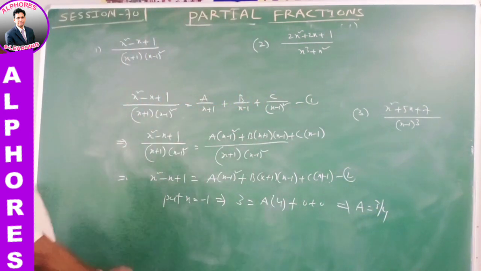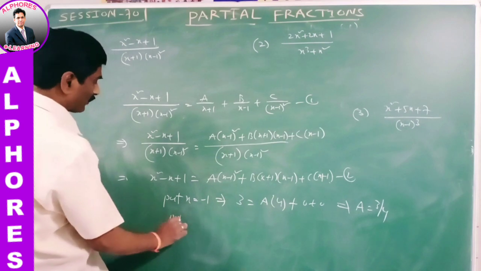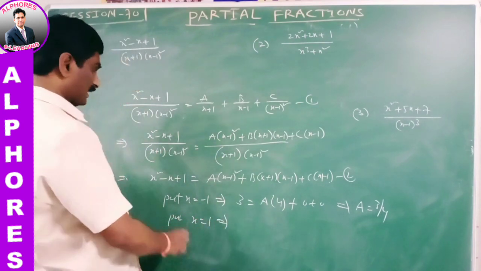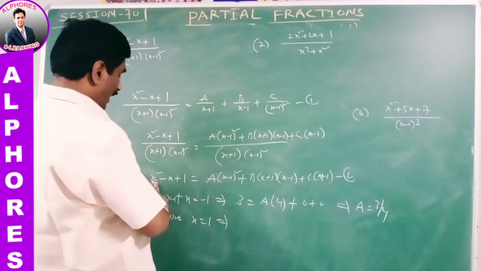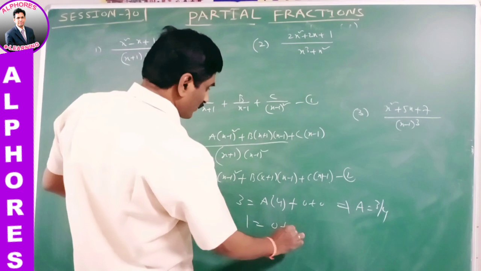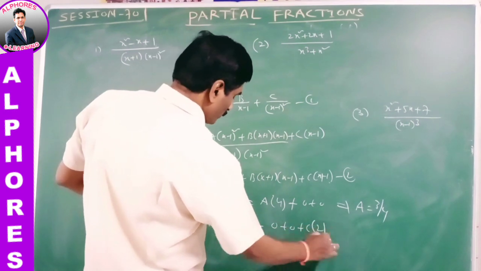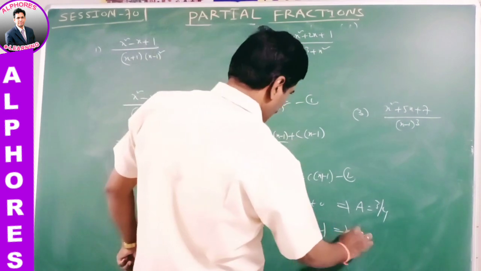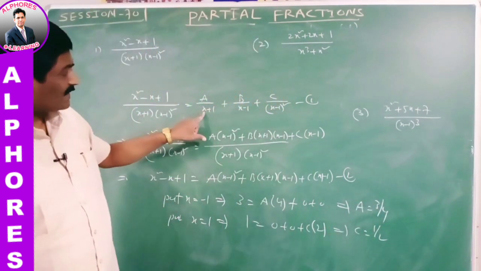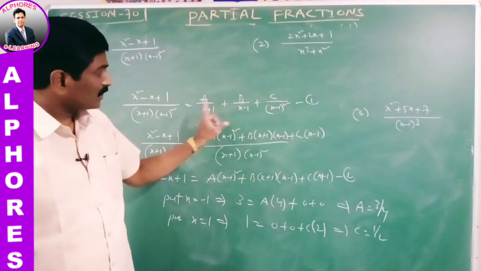Next, put x is equal to 1 in equation 2. We get 1 minus 1 plus 1, that means 1 is equal to, this value 0, this value 0, c of 2. That means c is equal to 1 by 2. Please observe these values: they are called critical points, minus 1 and 1.